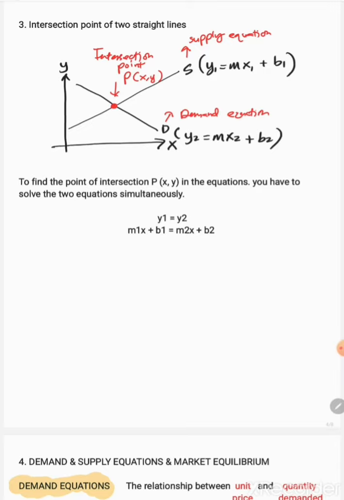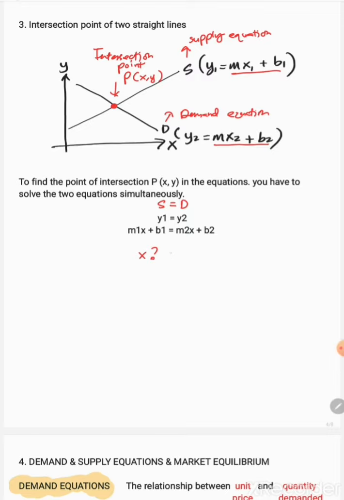We write S equals D, meaning y1 equals y2, so m1x plus b1 equals m2x plus b2. Then you will get the x value.